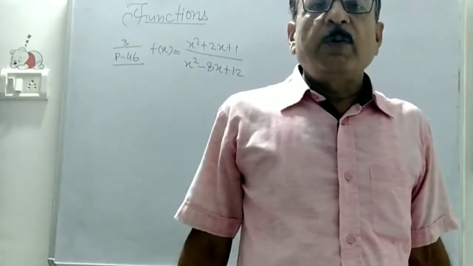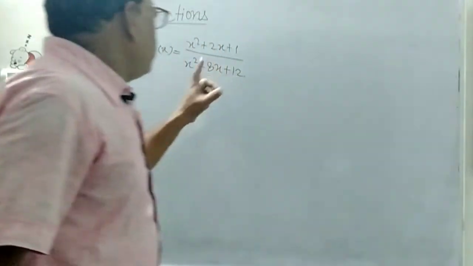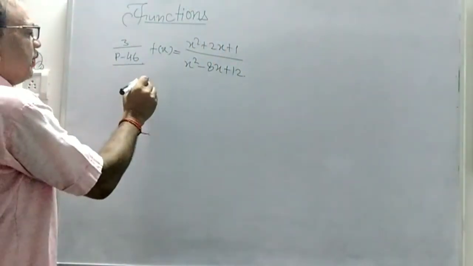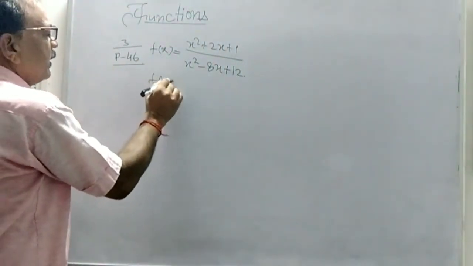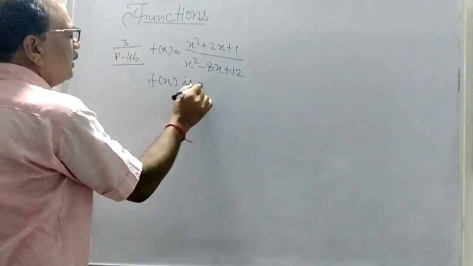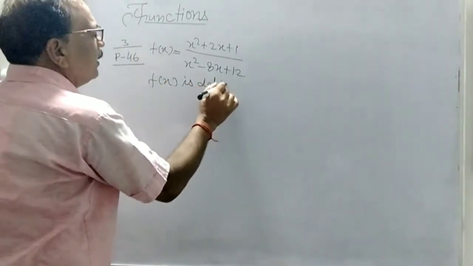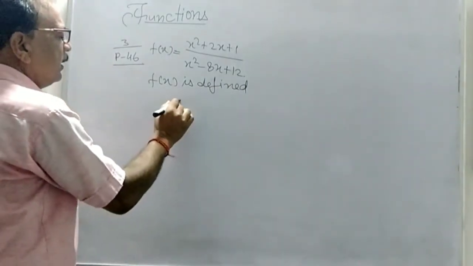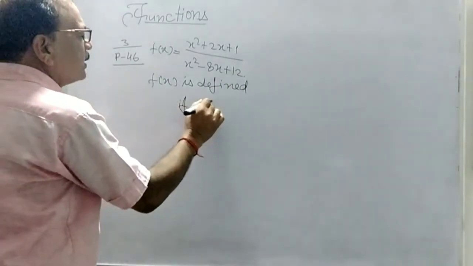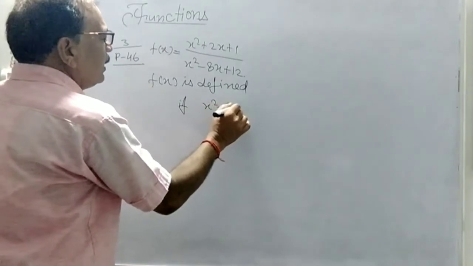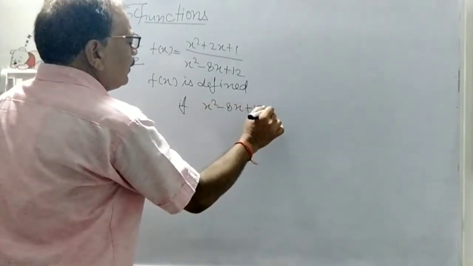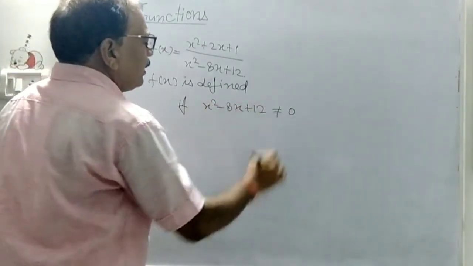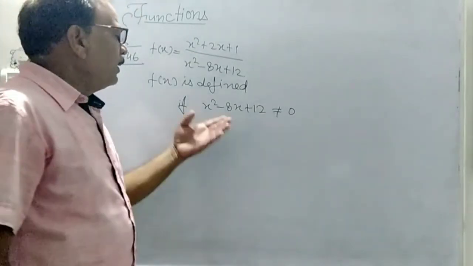So to find the domain of the function, now you see f(x) is defined if x square minus 8x plus 12 is not equal to 0.